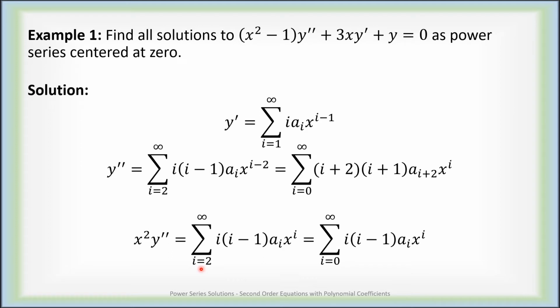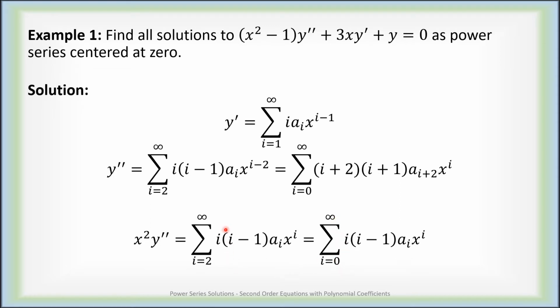So let's just check. The missing terms in this series are index 1 and index 0. But if i equals 1, then this would be 0, so I can add that back in without any concern. And if i equals 0, then this term here is 0. So I can add that term back in freely at no charge as well. So because i equals 1 and i equals 0 would produce zeros here anyway, I can go ahead and reincorporate i equals 1 and i equals 0 into the sum.